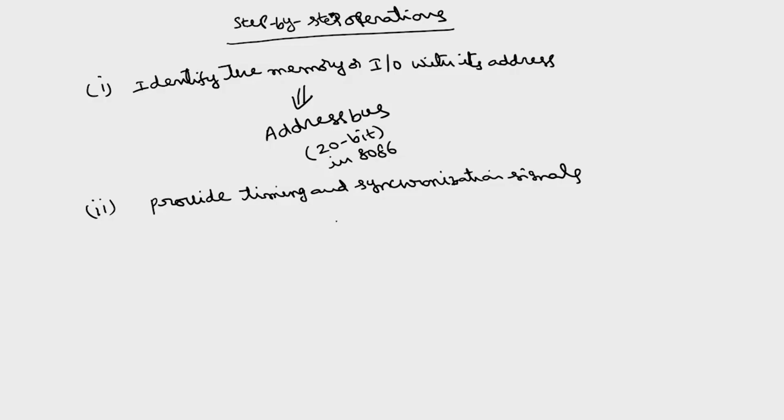So, 8086 has control signals. There are some other control signals, but for this particular operation there is the read bar signal. If read bar is 0, it implies read operation, because this is an active low signal. If read bar is 1, it is not a read operation.